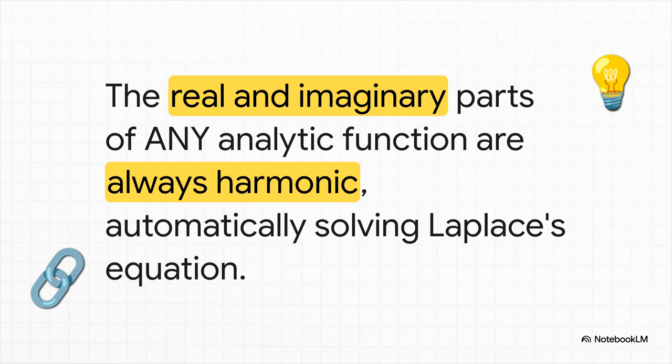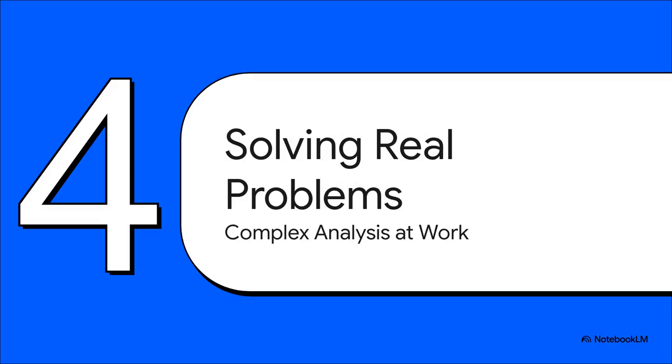And here it is. This is the incredible, almost unbelievable link. If you take any of those smooth analytic functions and you just separate out its real and imaginary parts, both of those parts, on their own, are guaranteed to be harmonic. They automatically describe a system in perfect physical balance. You see, this isn't just a coincidence. It's a bridge.